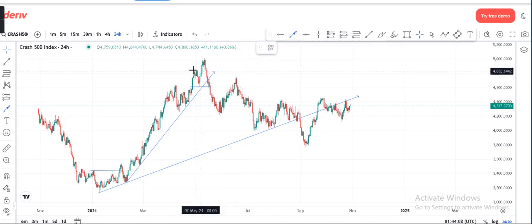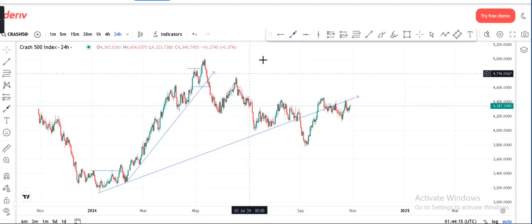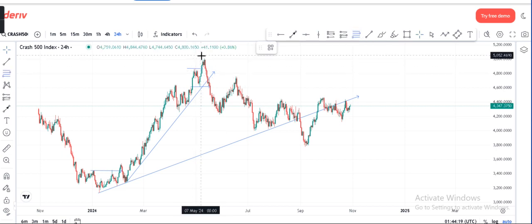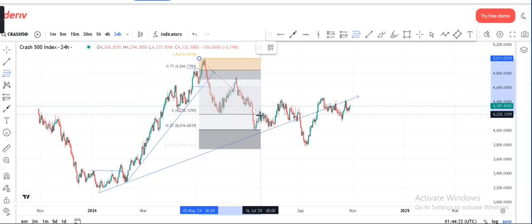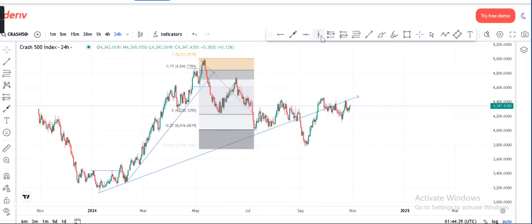This was what we saw on this, and then there was an entry from this point to this level. So there was an entry from this level to this point, which is the entry.